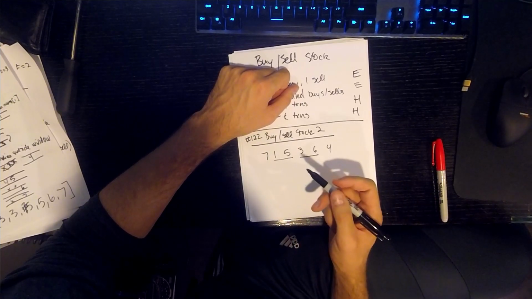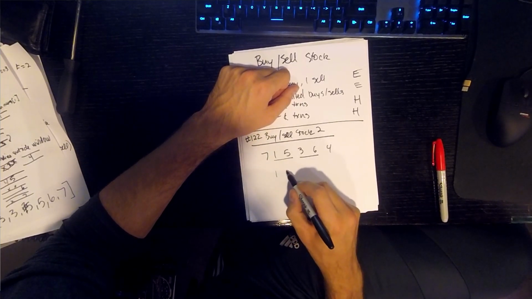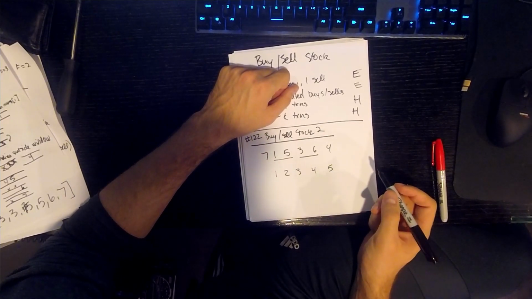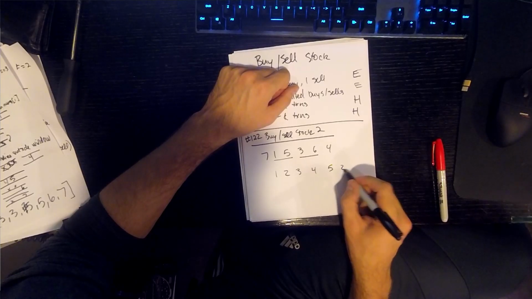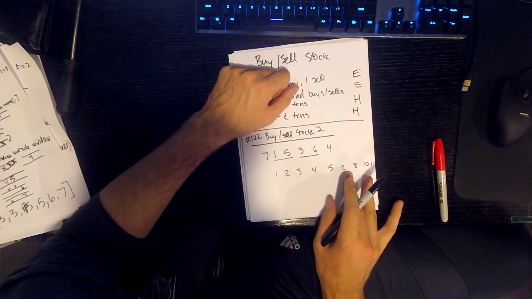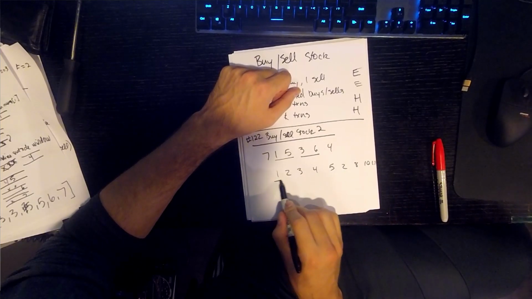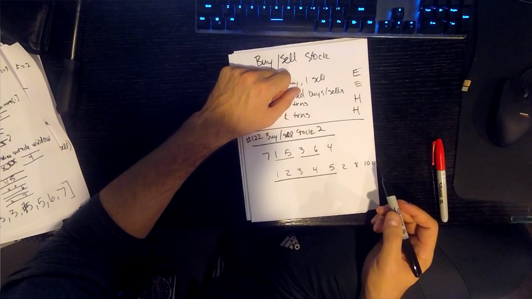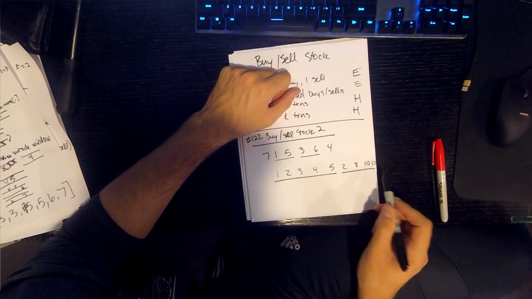And an even more general version of that is as long as the sequence is increasing, lock in that profit. So the increasing sequences are right here and then here.